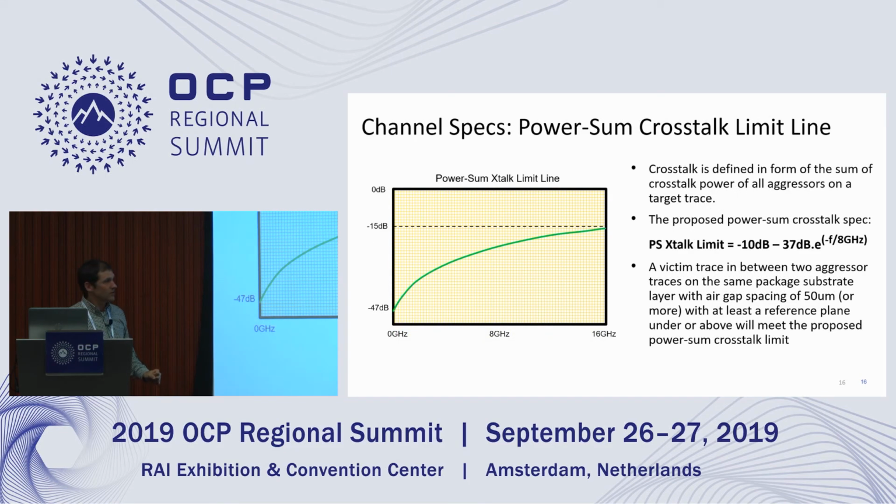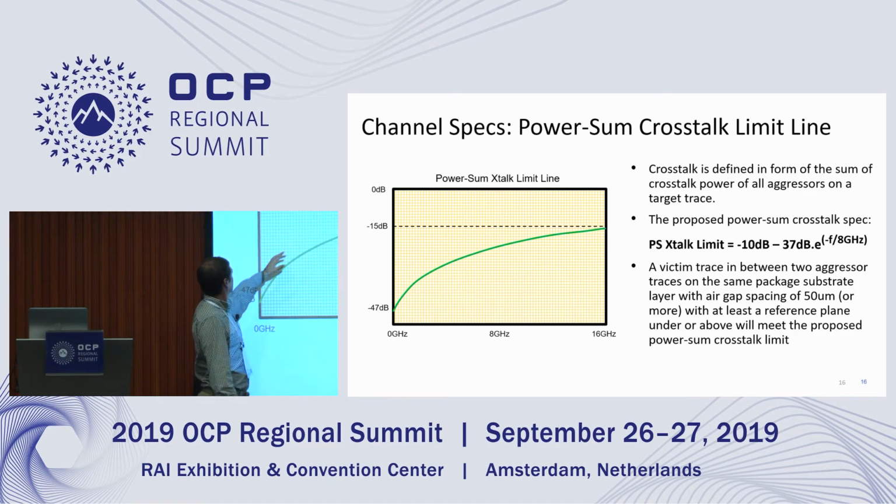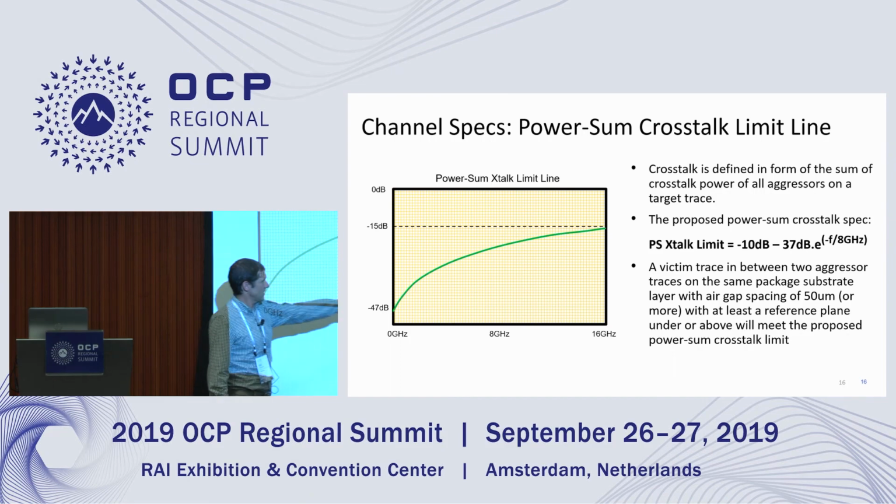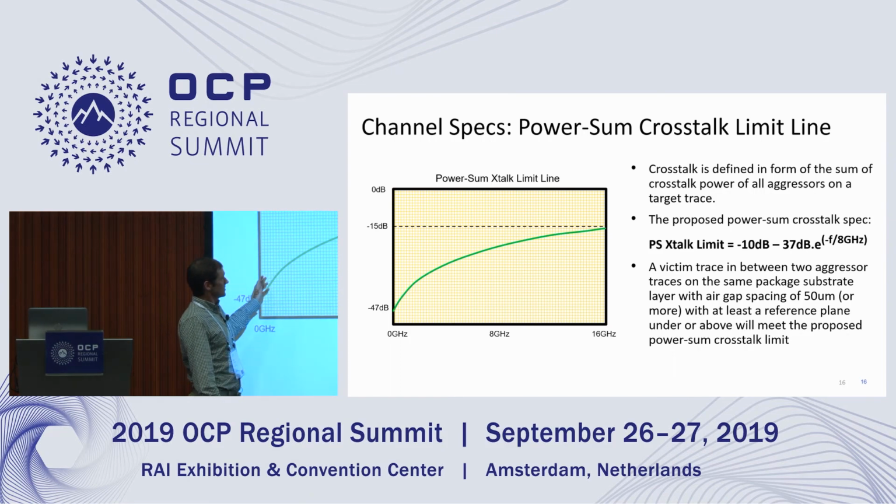And then finally, the power sum crosstalk. So it's the power sum of all aggressors, and follows this equation and rises to 15 dB at 16 gigahertz.